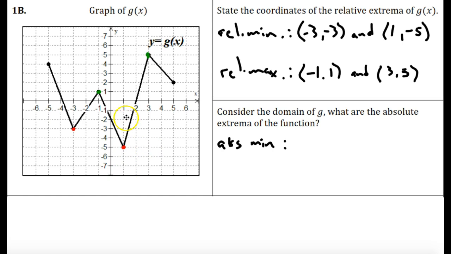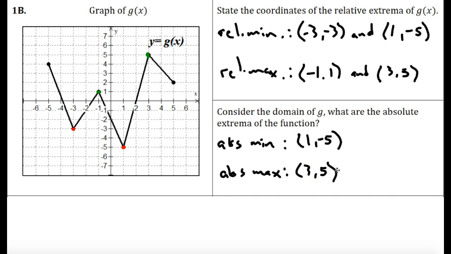Looks like down here. Right? So that is the point 1, negative 5. And my absolute max occurs right here. That's the highest y value we reach. So at 3, 5. All right.